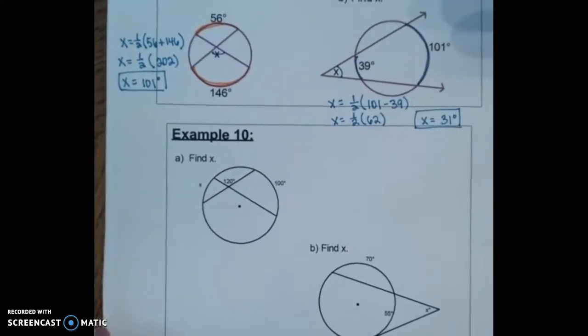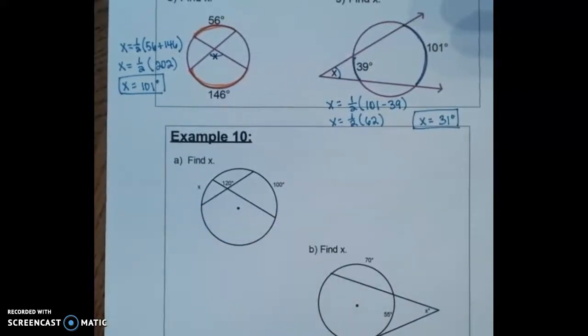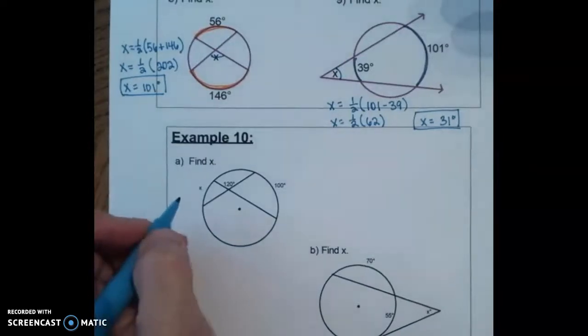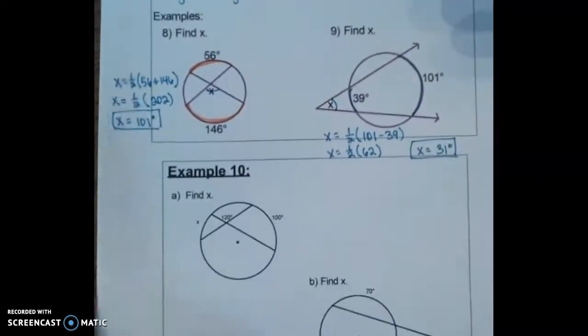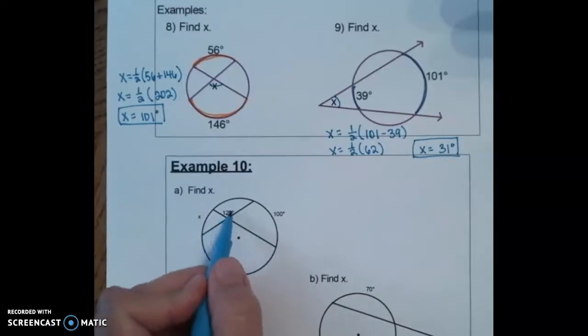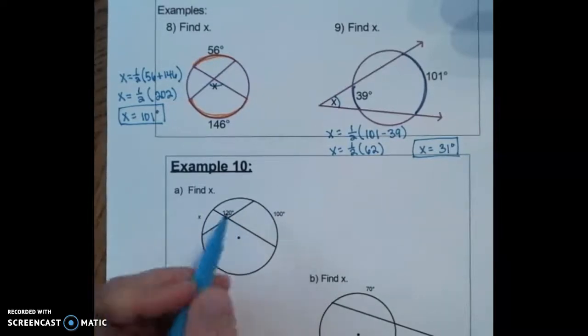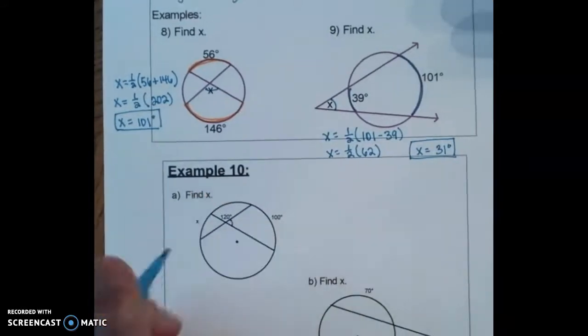Example 10 is a little different because if you look at x, it's actually asking you to find the arc from the intercepted angle. So it still matches our rule here. So we're going to look at what we know. I know that if this angle right here is 120 degrees, it's supplementary to this angle right here.